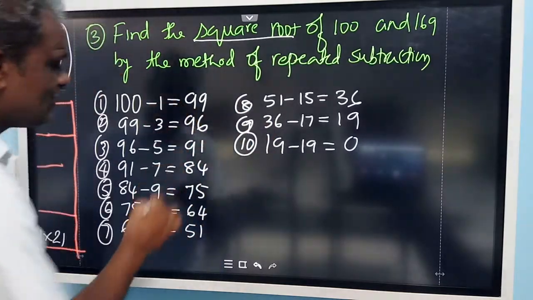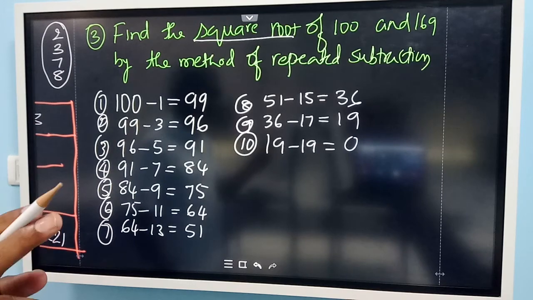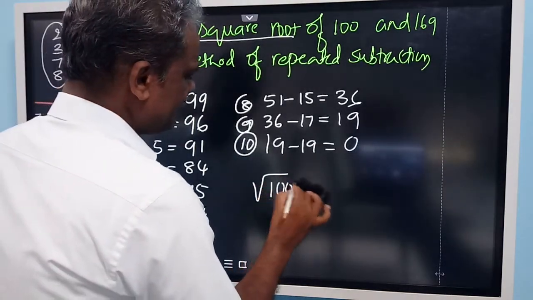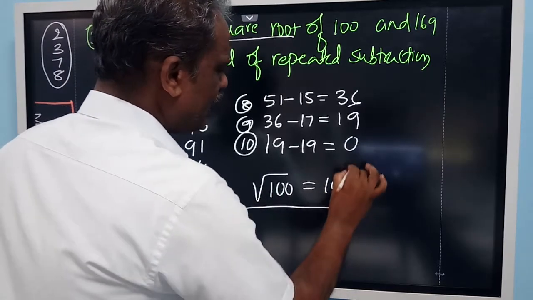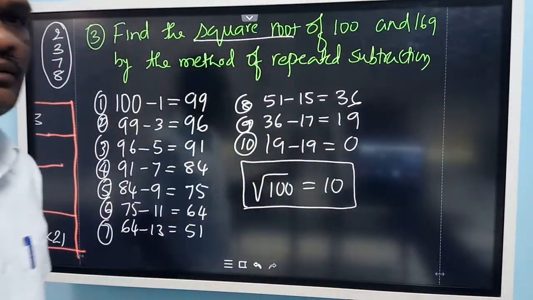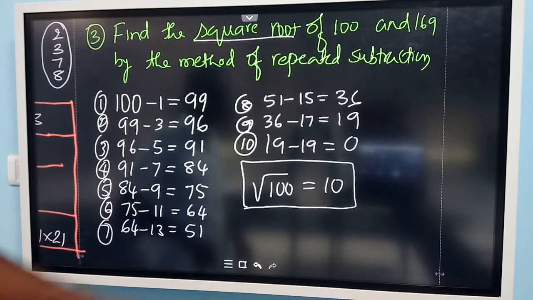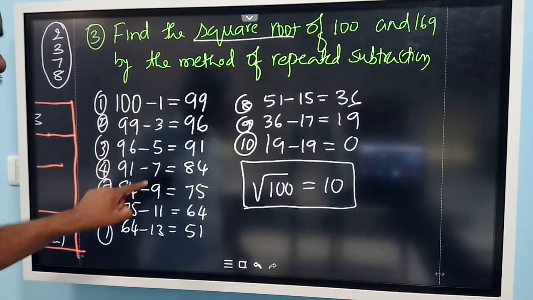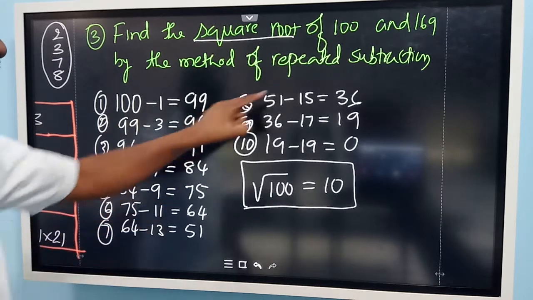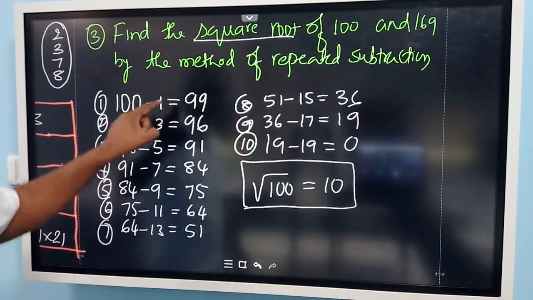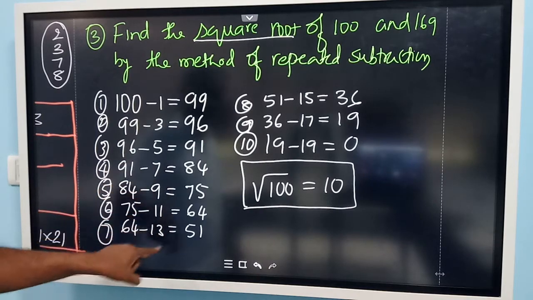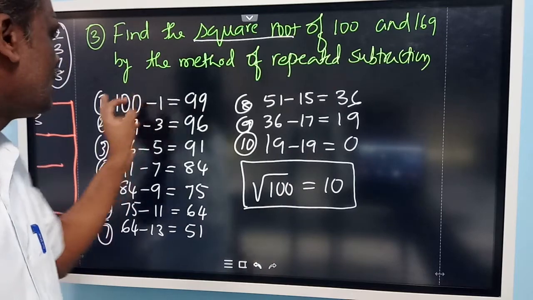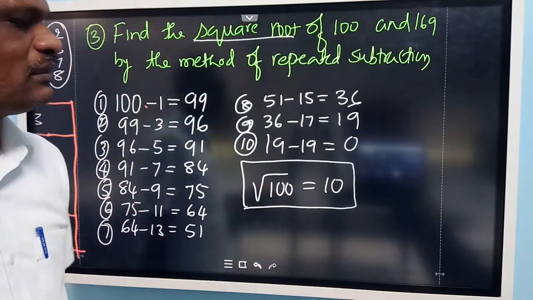We subtracted 10 odd numbers: 1, 3, 5, 7, 9, 11, 13, 15, 17, 19. Therefore, square root of 100 is 10, because the number of odd numbers subtracted is its square root.